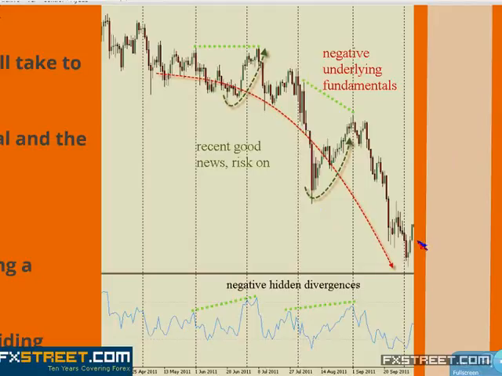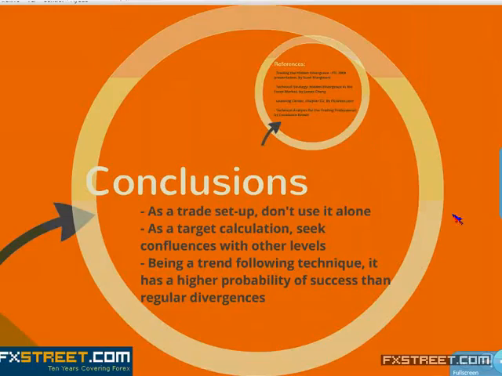Okay, we are about to finish, just a few conclusions. As a trade setup, the hidden divergence, don't use it alone. We have seen that it has to be used as any other setup, in combination with others. As a target calculation, seek confluences with other levels.